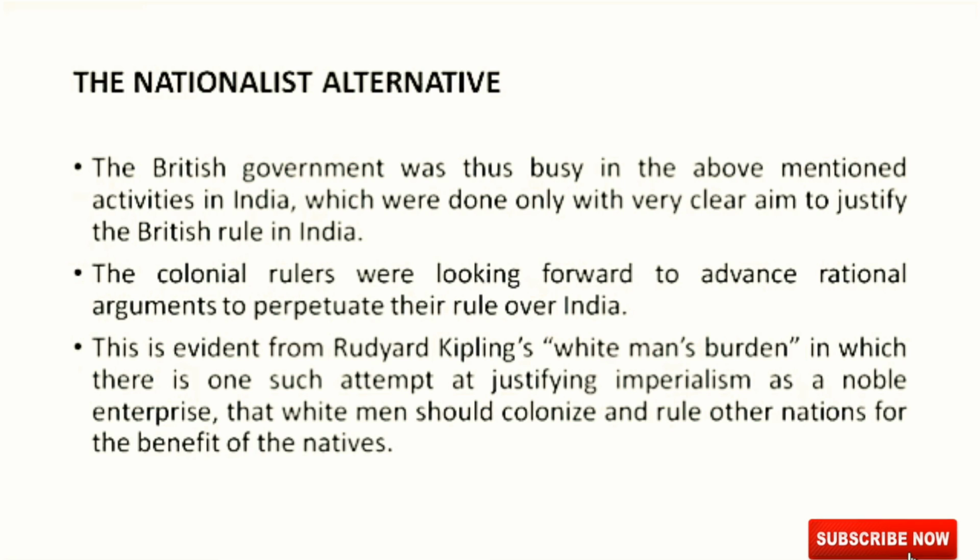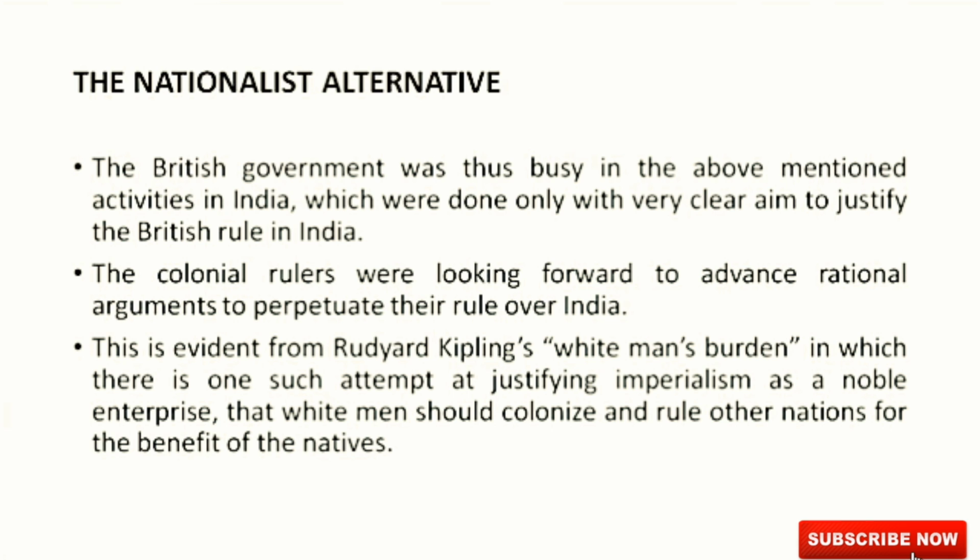Now look into the nationalist alternative. The British government was thus busy in the above mentioned activities in India, which were done only with the very clear aim to justify the British rule in India. The colonial rulers were looking forward to advance rational arguments to continue their rule over India. This is evident from Rudyard Kipling's work.